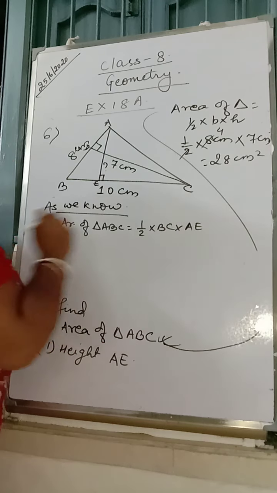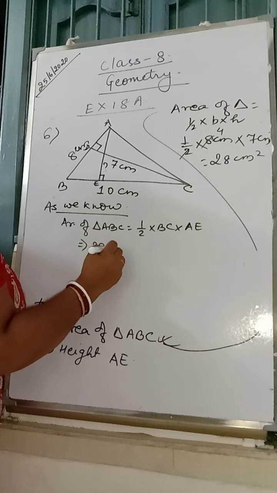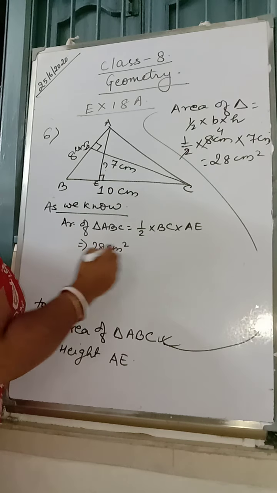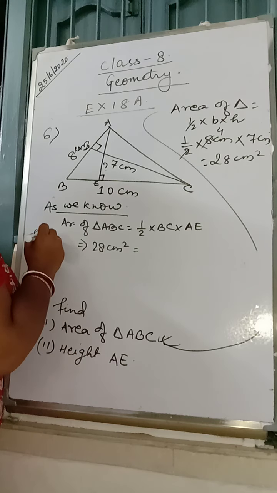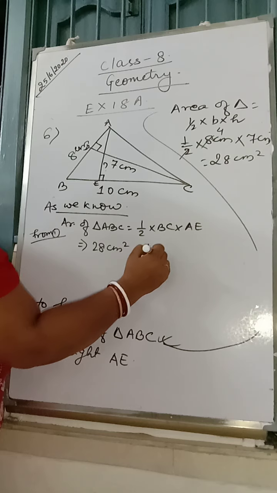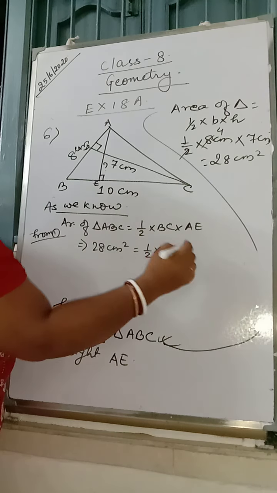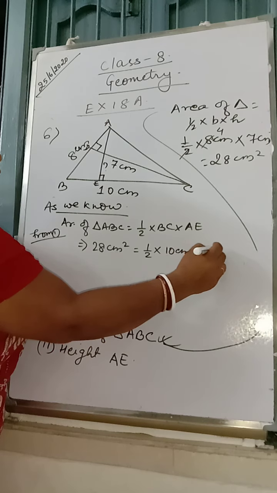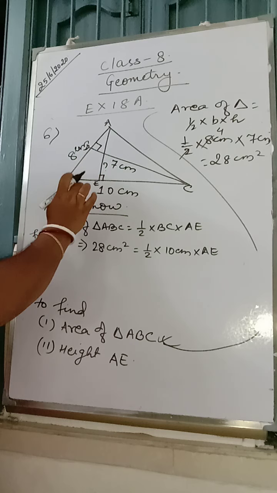I can write half into base into height. Now area of triangle you have got 28 centimeters square from 1. We have got it now from 1. 28 centimeters square is equal to half into base is 10 centimeter. The length of BC is 10 centimeter. AE I do not know. I am writing AE as it is. This height I have taken as AE.